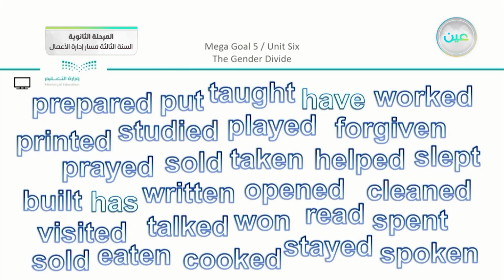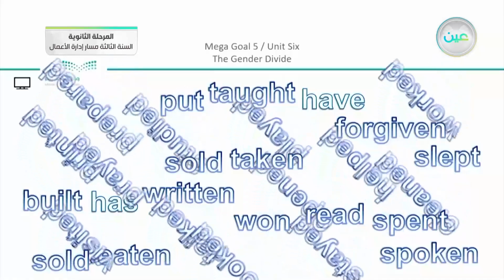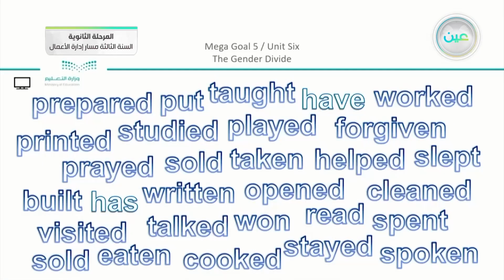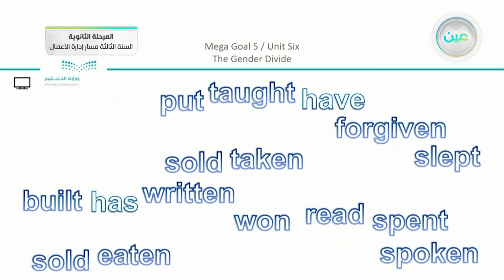Now, speaking of forms, you can see that we have a lot of verbs here. We can, first of all, see that we have regular verbs that we add ed to, like prepared, opened, stayed, worked. And we have the other type, which are irregular verbs.